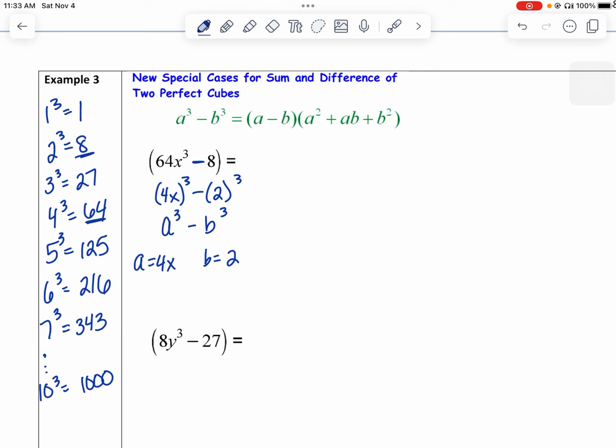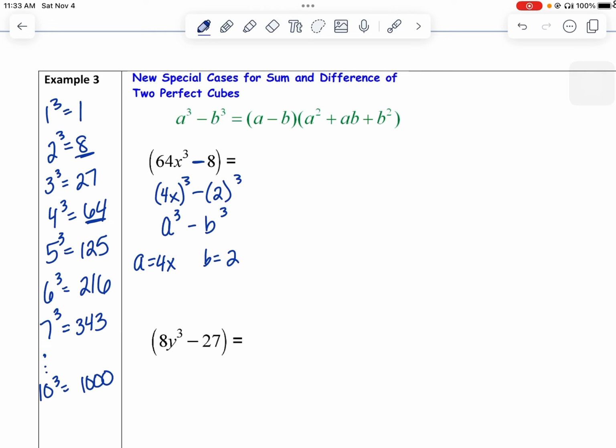So if it's a cubed minus b cubed, it always factors to a minus b, and then a squared plus ab plus b squared. So we'll practice with these formulas more, and I think they'll get really familiar, but you don't have to memorize them. So let's try it one more time.